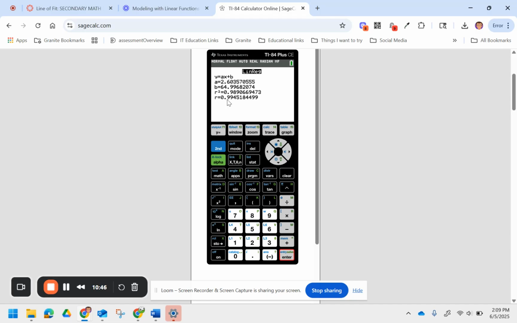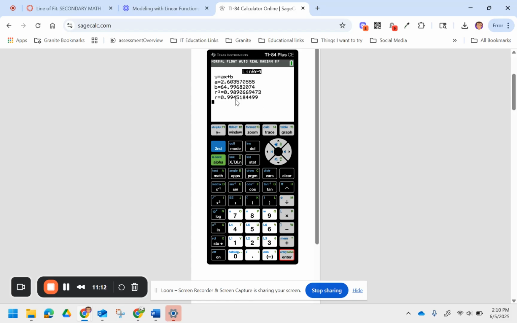The closer it is to zero, there's not much of a relationship between the numbers you typed in. But the closer it is to positive one or negative one, it suggests that there's a very strong relationship. We are very close to one. We can expect that this equation is going to be fairly accurate and fairly good at making its predictions.